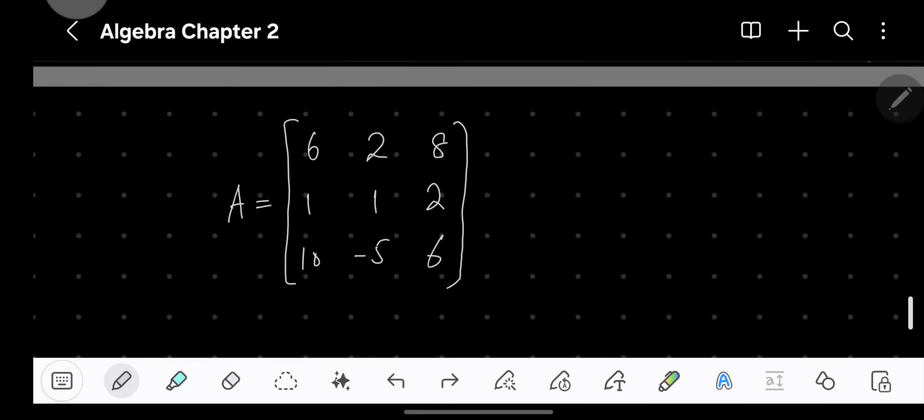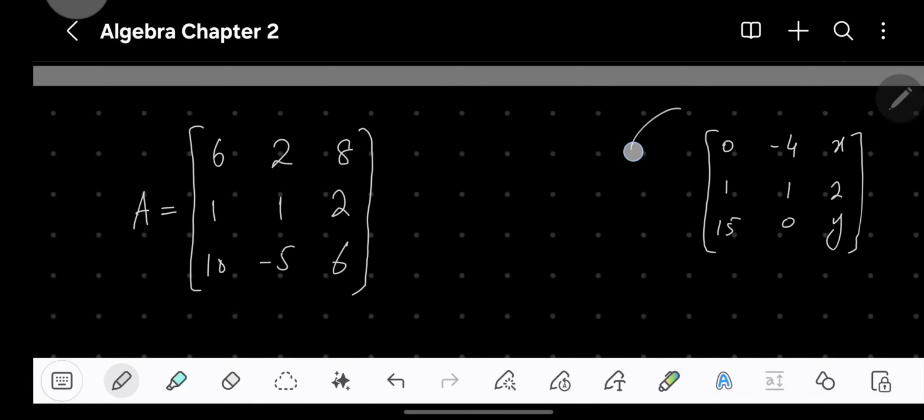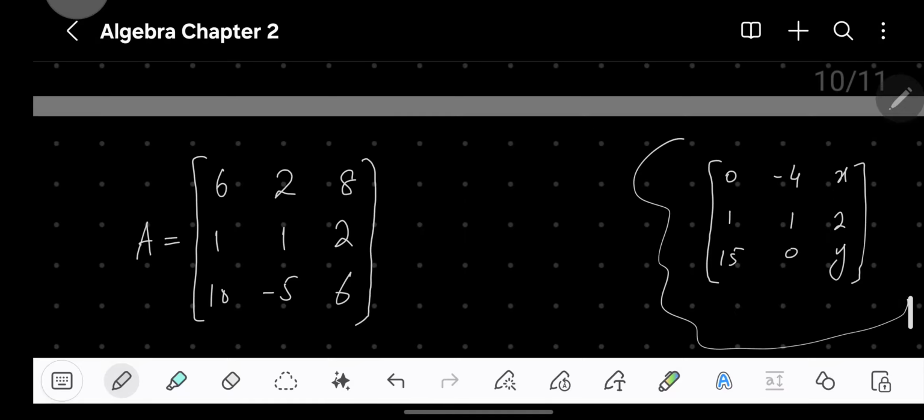Here we have A, and here we have B. We will start from A and try to get matrix B. You can check this entry and this entry, they are different, so I have to make the first entry 0.